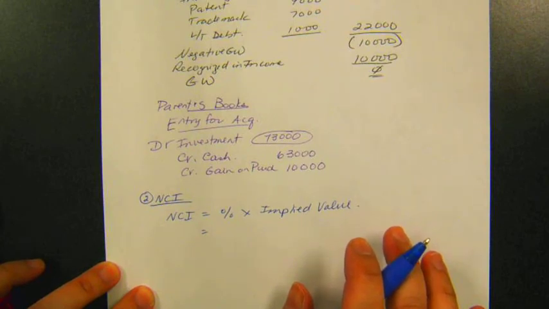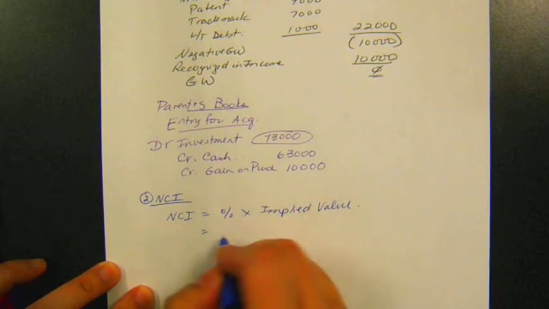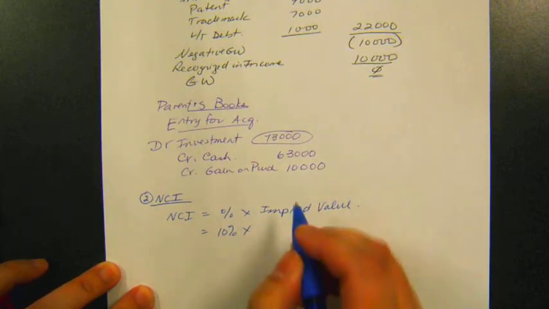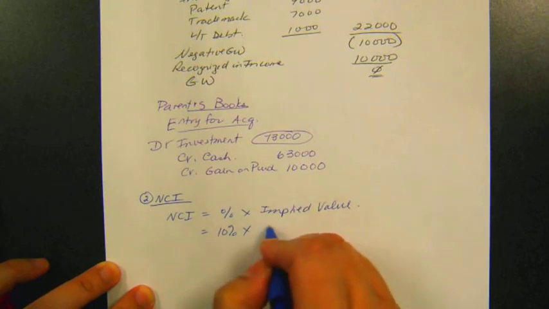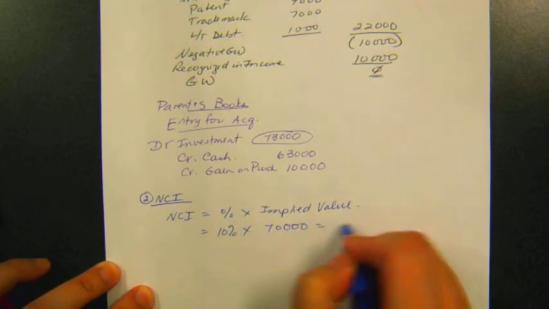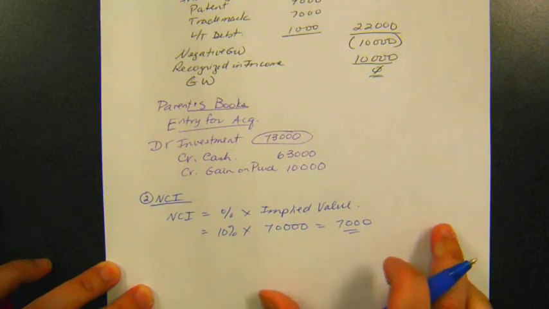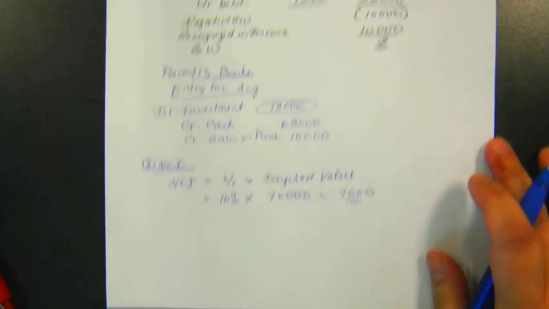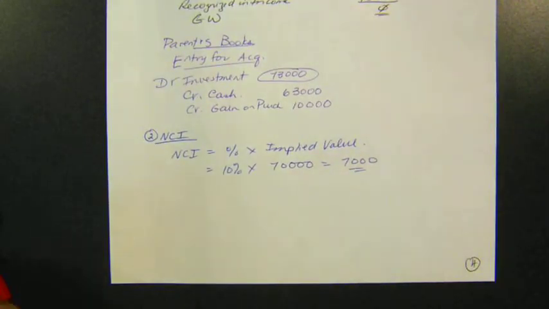So what's our percent? 10% times the implied value way up at the top was 70,000, so 7,000. Does that make sense, you guys?